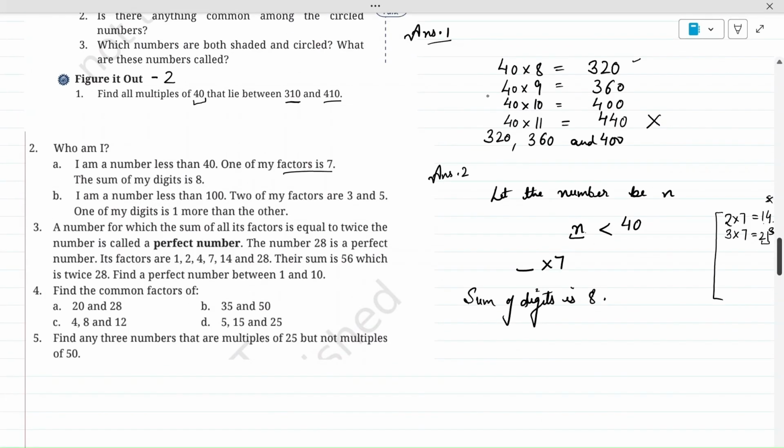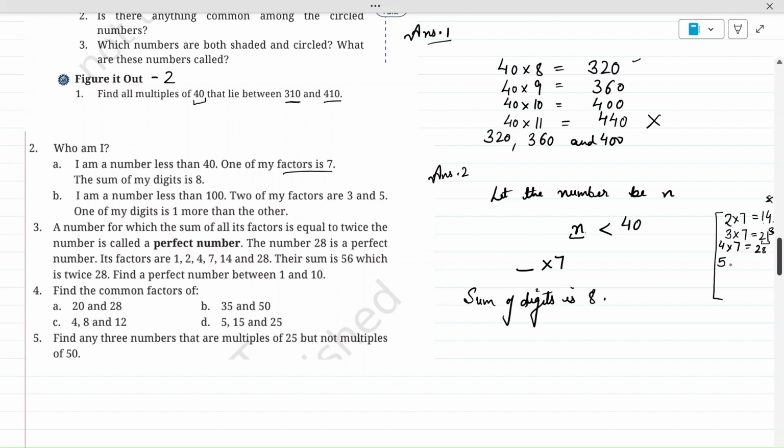Now I can take another number, 4. 7 multiplied by 4 is 28, which is less than 40, but the sum of the digits is 10, which is also not true.